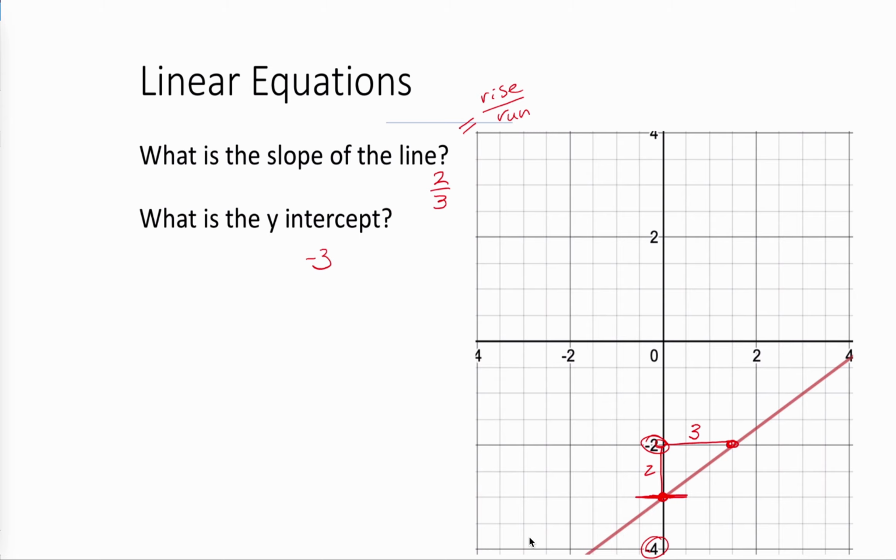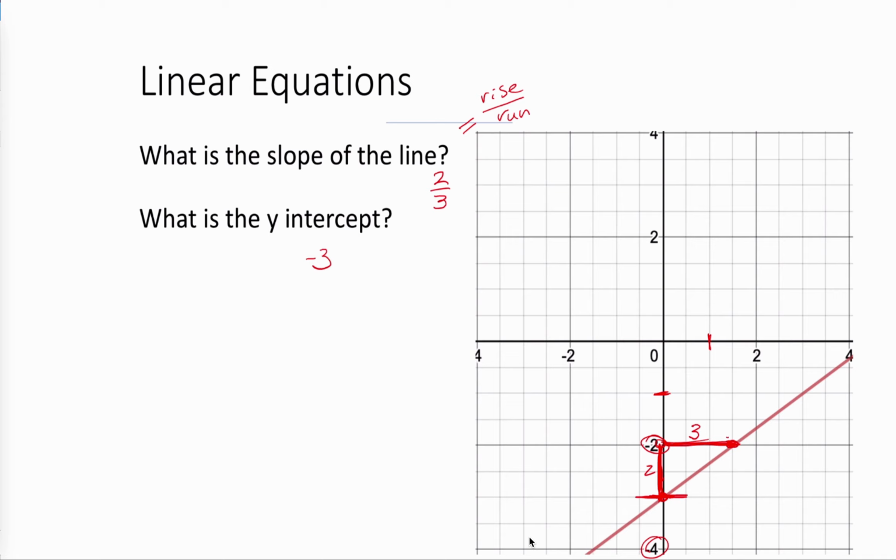Notice here, the scale of this, each block is not 1, each block is 1/2, but that then makes this one rise over run of 1 over 1.5, which is the same as 2 over 3. So as long as your scale is the same in both directions, you can actually just count the blocks, even if each block is not equal to 1.